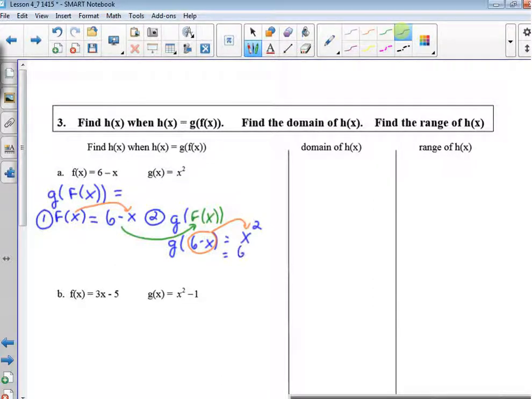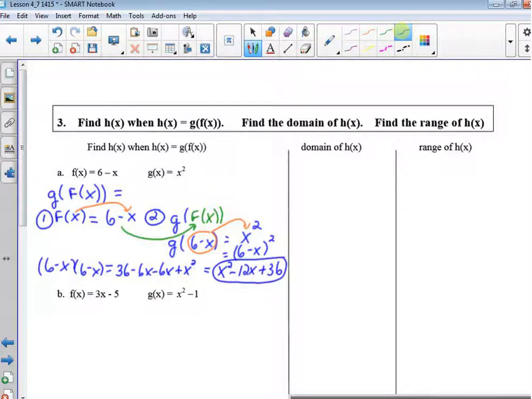So that's going to be 6 minus x quantity squared. So 6 minus x times 6 minus x is equal to 36 minus 6x minus 6x plus x squared. So putting that all together, I get x squared minus 12x plus 36.